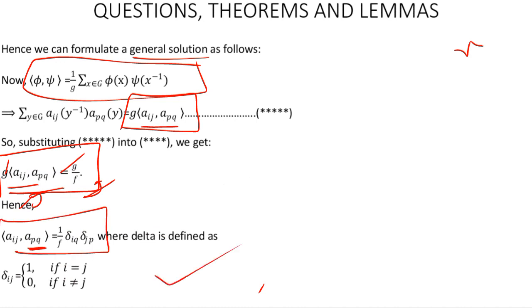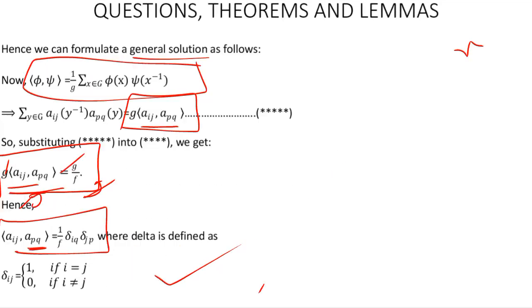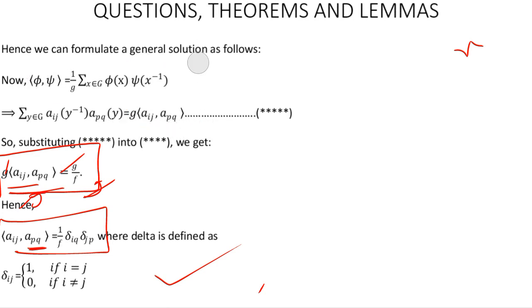If it was a little clumsy and you didn't understand it, you can ask me questions or go through it slowly and also try solving and see if you get it. Again, we got to this point. I haven't solved these two conditions nicely. We needed to generate a general solution, and we used this definition for the inner product of two characters and related it to the given question.